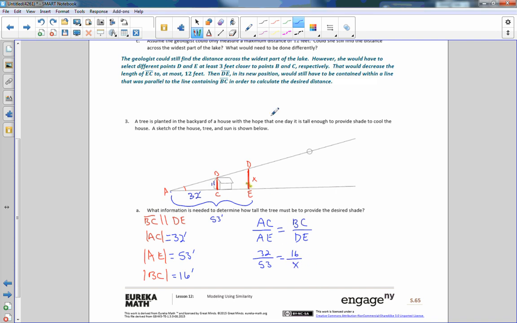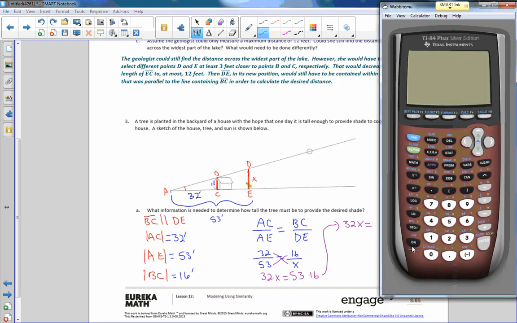When I cross multiply, I do the variable first. 32 times X equals 53 times 16. Moving my work up here, I get 32X equals 53 times 16, which is 848.